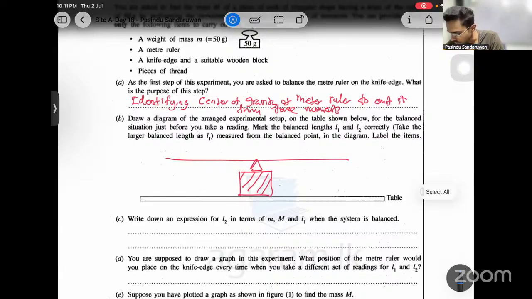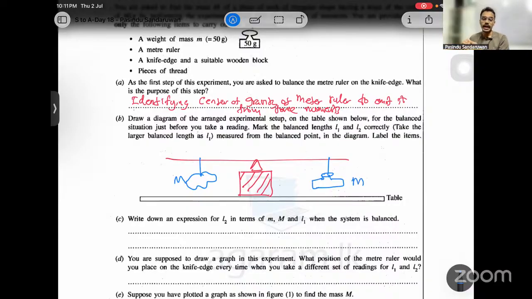Only suspension is acceptable. This is our capital M, and this is the given regular mass, simple m.